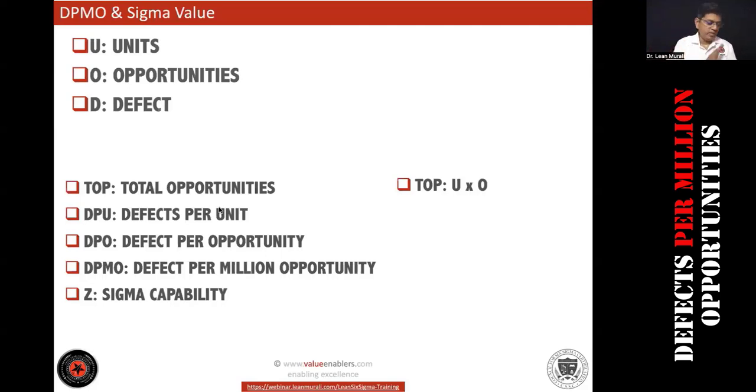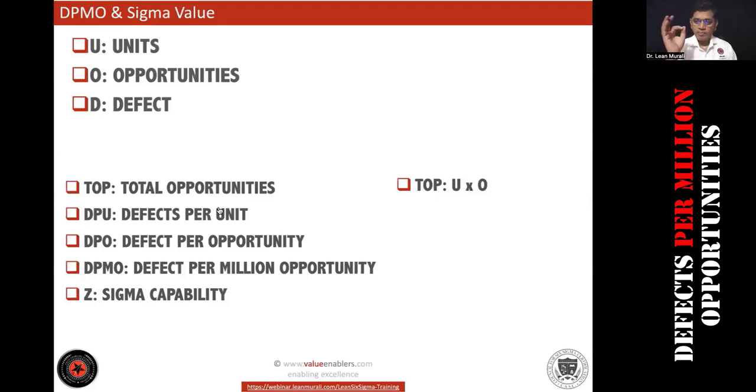So there are 3 opportunities in this. My question is, if there are 10 such covers and 3 opportunities in each of these covers, how much is the total opportunity?